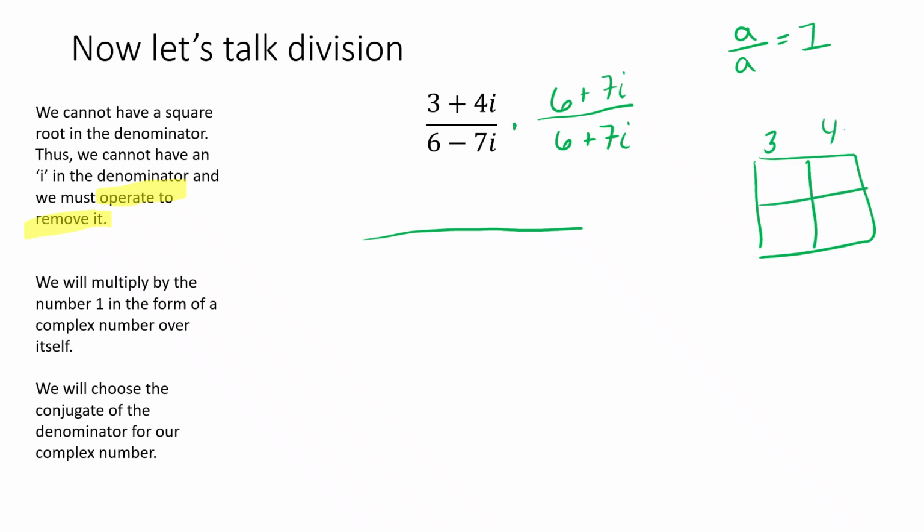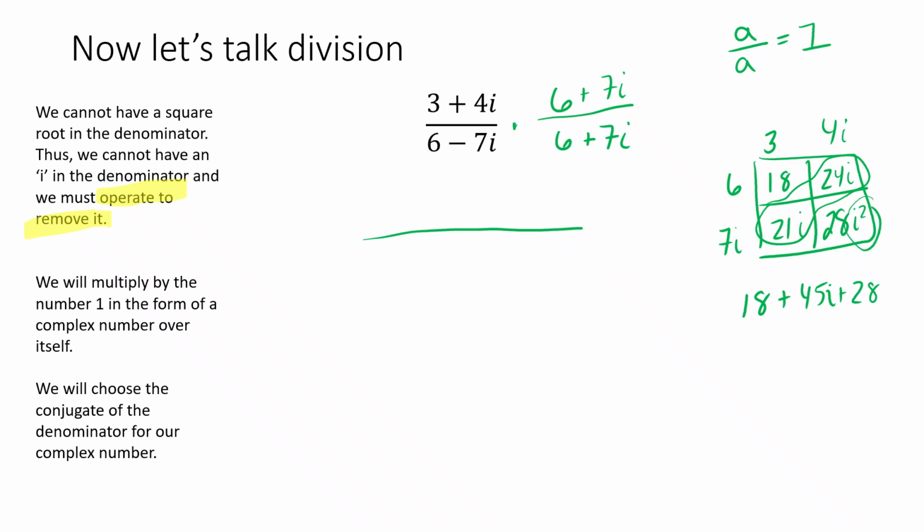So we have 3 plus 4i and 6 plus 7i for our numerator. So we have 18 plus 24i plus 21i plus 28i squared. So that'll be 18 plus 45i plus 28i squared.